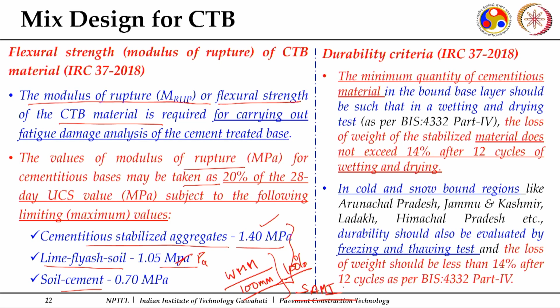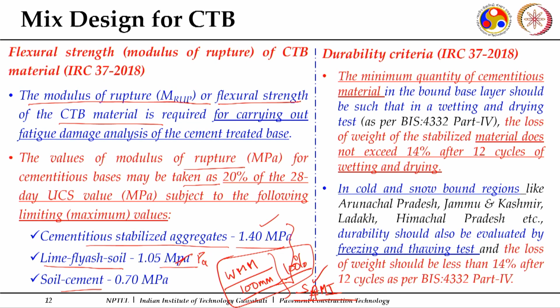These two layers, whether the aggregate interlayer or the stress absorbing membrane interlayer, which is a modified bituminous layer, will not be considered as structural layers, but they help to prevent any propagation or transfer of cracks from the cement treated base courses to your bituminous courses.